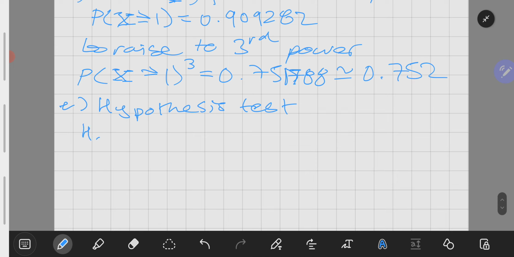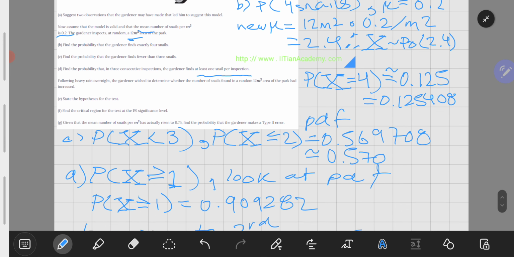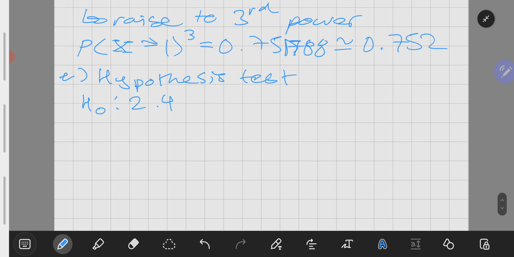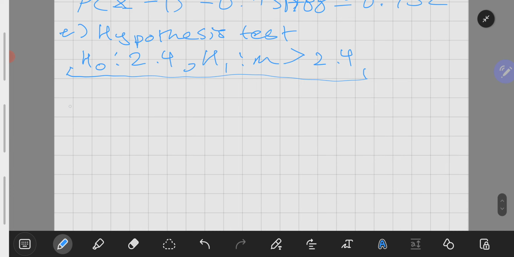We have our H naught, which is 2.4, our new mean with our 12-meter garden, and for H1, the mean is greater than 2.4. So this is what we would be investigating.